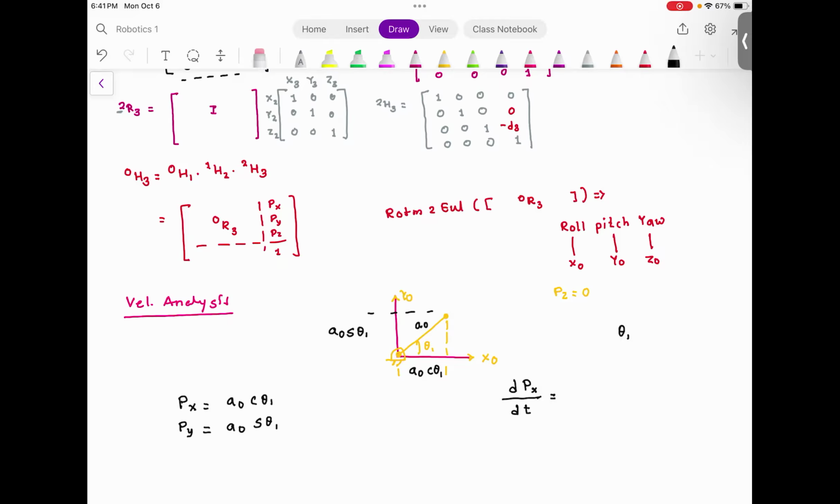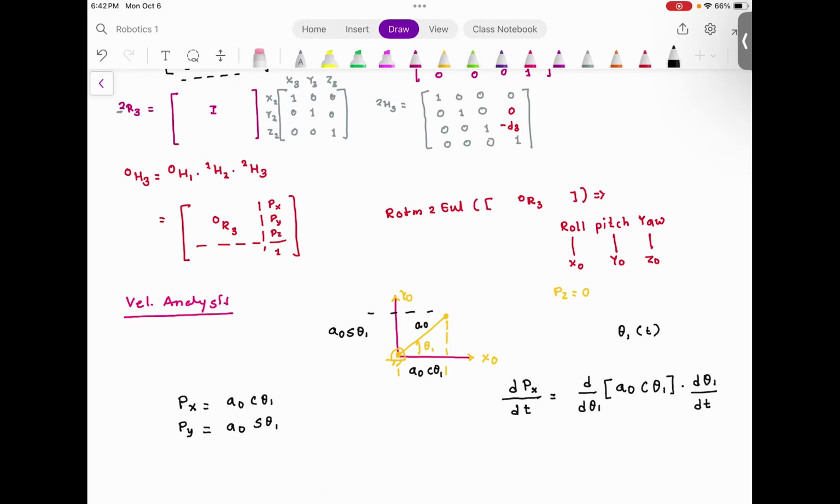Theta depends upon t. So dPx by dt is d by d theta 1 of A0 cosine theta 1, multiplied by d theta 1 by dt.